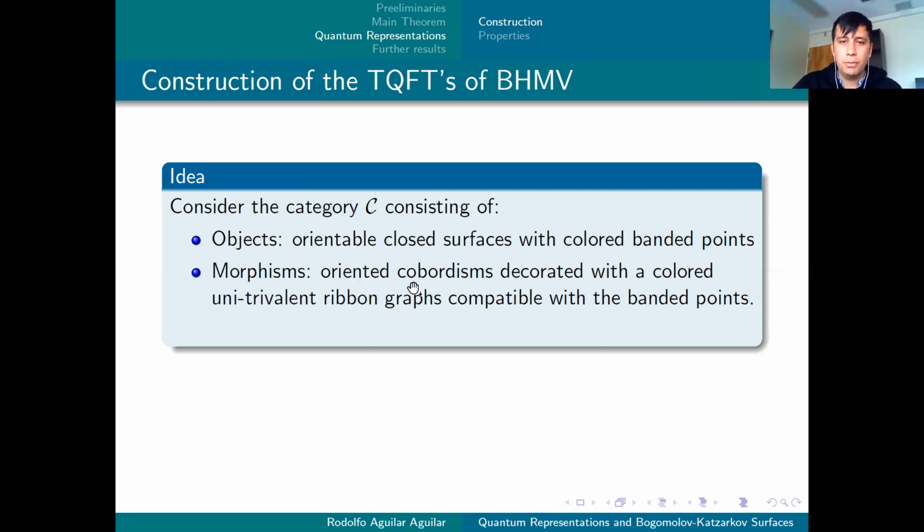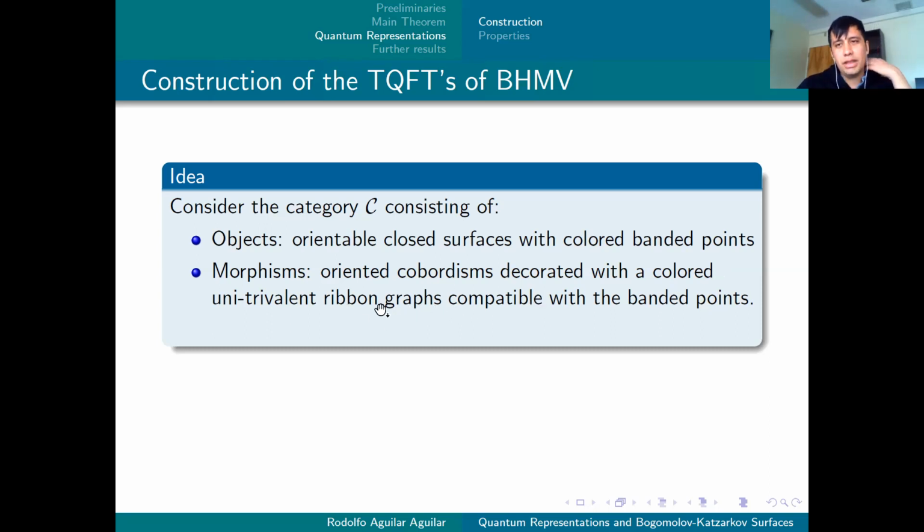But moreover, we are going to decorate these cobordisms with a graph and some information in the graph that is going to be compatible with these colors in the points. The graph will be trivalent. That means that we will have only vertices with 1 edge or 3 edges coming out of it, and it will be colored, so we will also have some information on the edges of this graph.